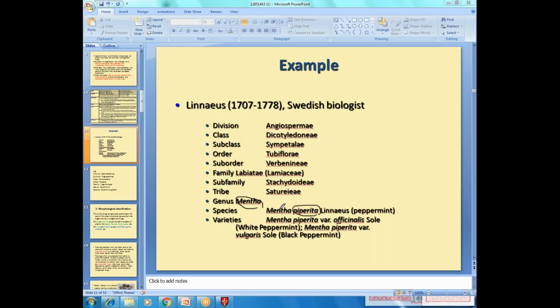So here the genus is Mentha, the species is piperita, and the third name is Linnaeus. Linnaeus is the name of the scientist. Mentha piperita Linnaeus is called peppermint. Peppermint is nothing but your pudina.